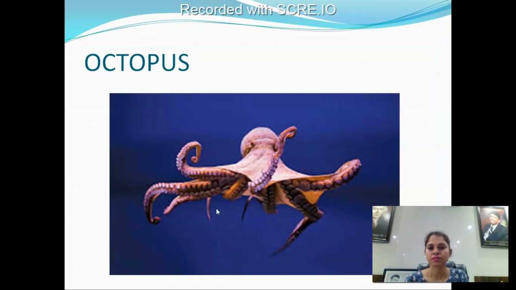So octopus, one of the most interesting species again. It is said that octopus can grow tremendously to a monstrous size also, from tiny sizes to a huge monster. See the adaptations which had been taking place.